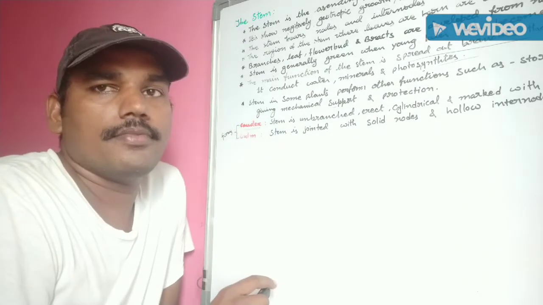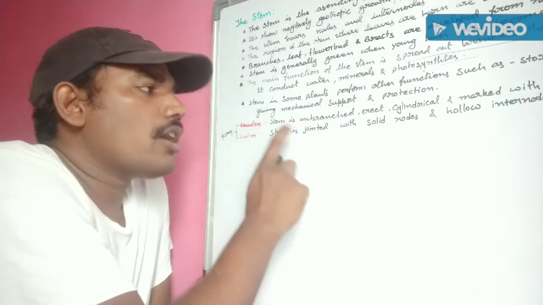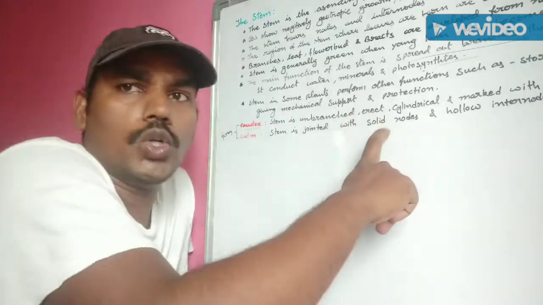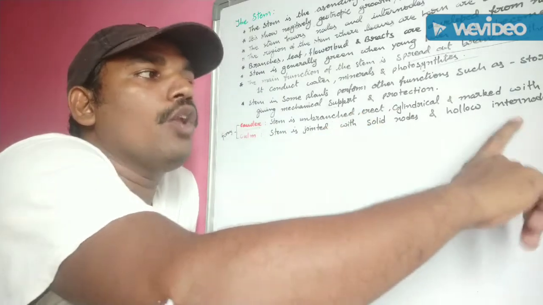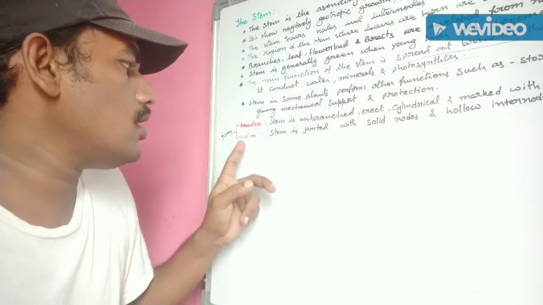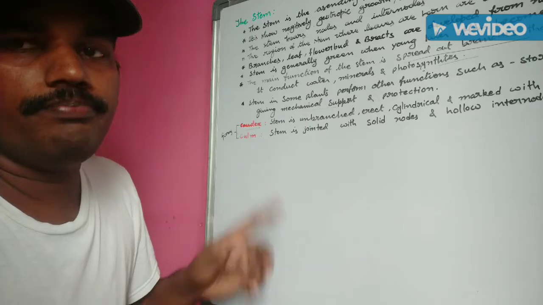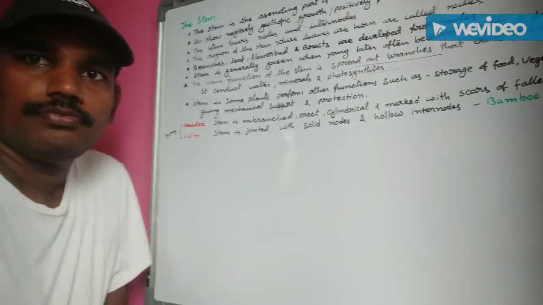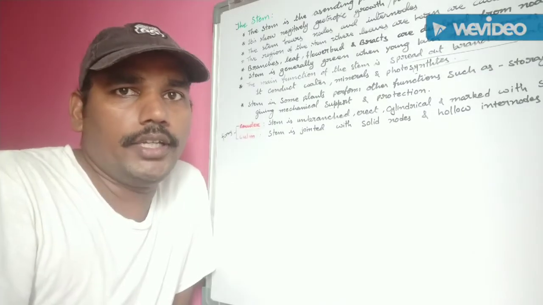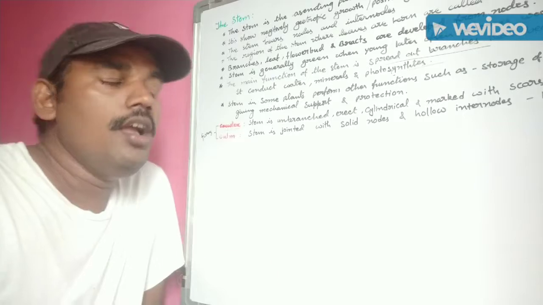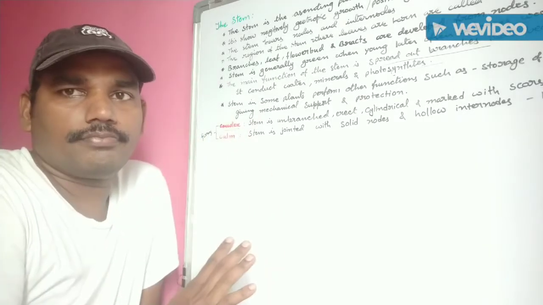Hollow space. In this way, the stem is jointed with solid nodes and hollow internodes. This type of stem is known as culm. The best example is bamboo, Bambusa. The bamboo plant is the best example for culm. These are the main forms of the stem. Understand?